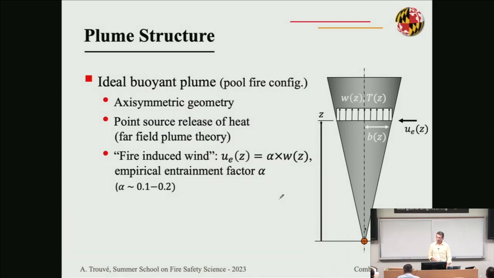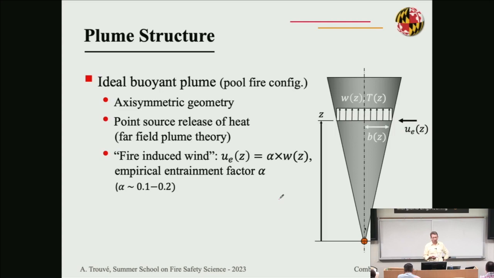Something that I don't have a lot of time to describe, so I'm trying to decide. I'll describe it in passing, to make an important point. Something that you find in the literature for pool fires, and you have a similar literature for line fires that I will review in passing in a few slides, is a description of the variations of quantities of interest, like the vertical velocity or the temperature of your flame or your plume, as a function of elevation.